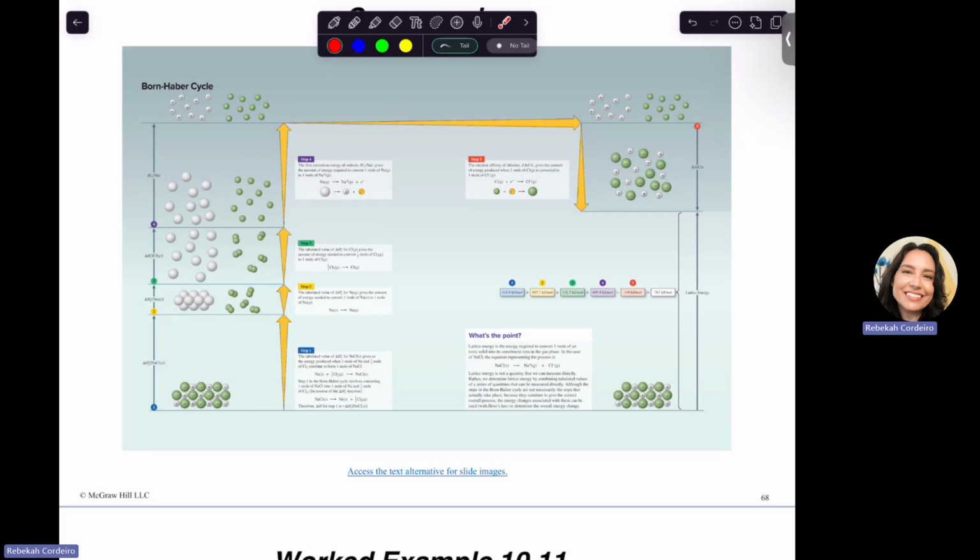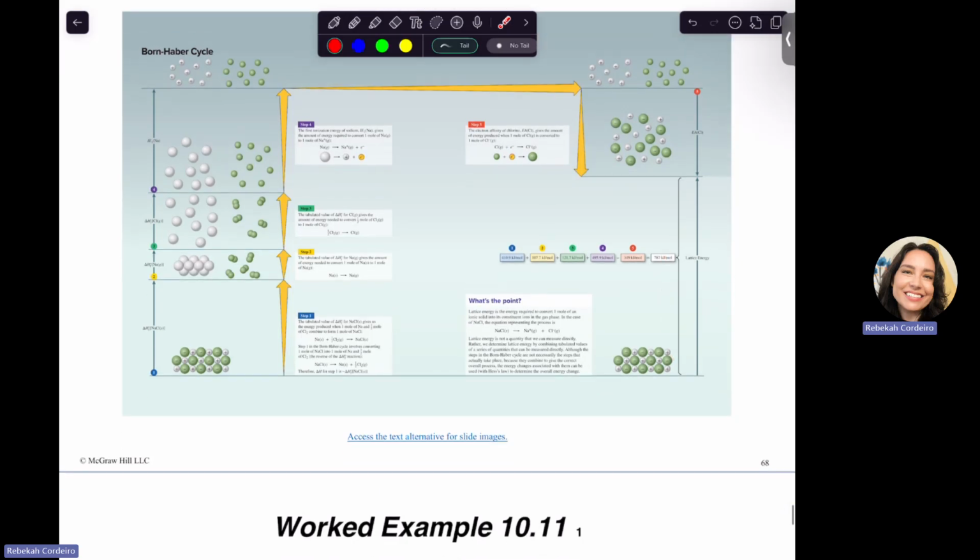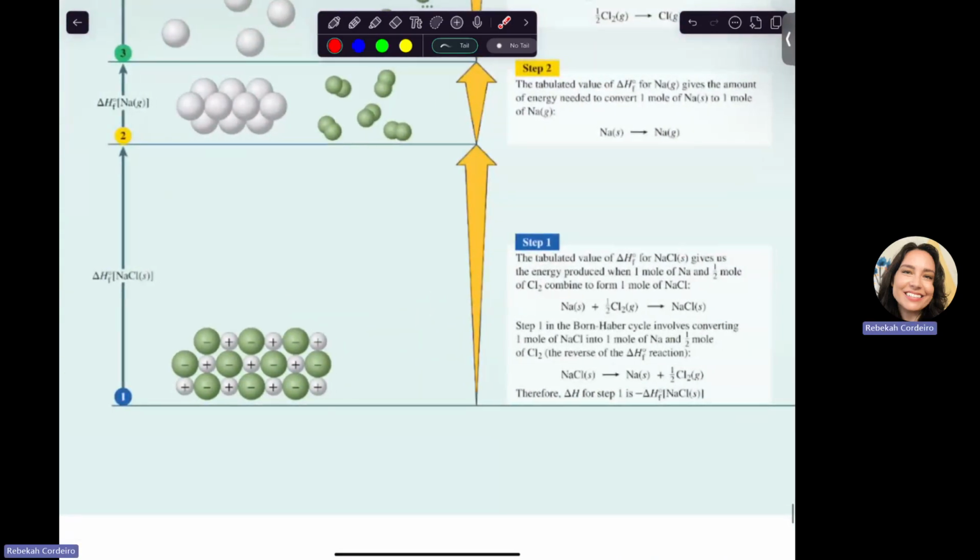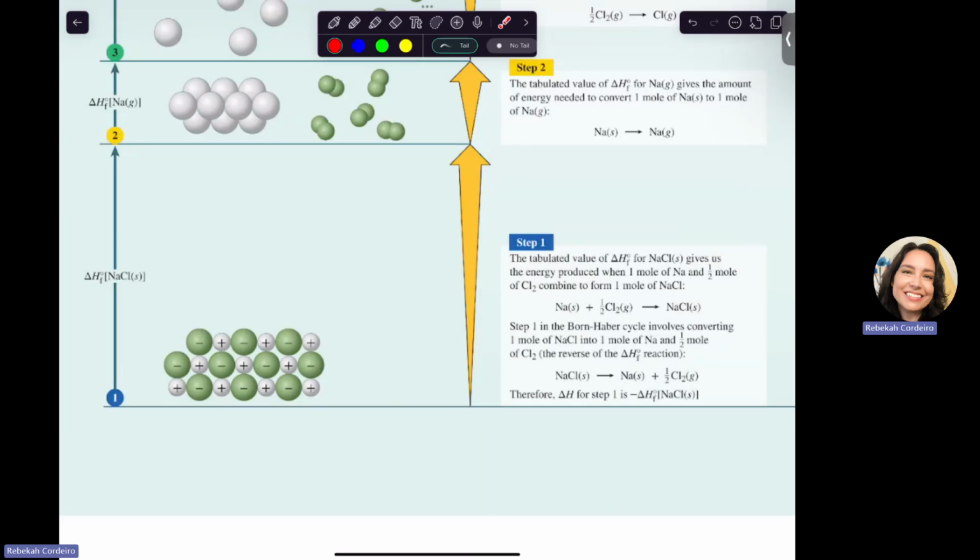And this is how we can find lattice energy of something. So for step one, we are going to take our sodium chloride and turn it into 1 mole of sodium and a half a mole of chlorine.